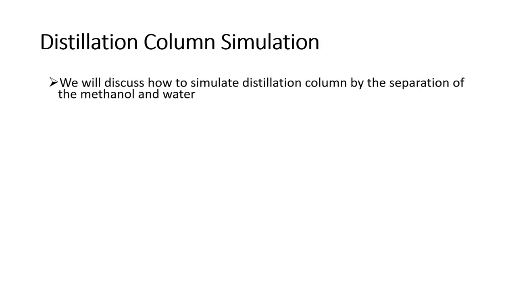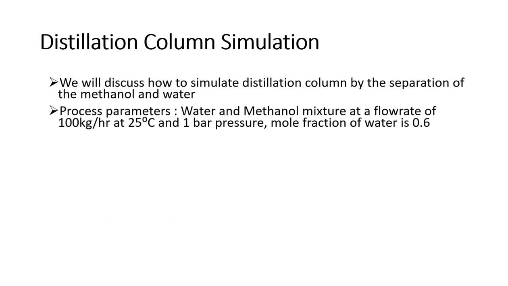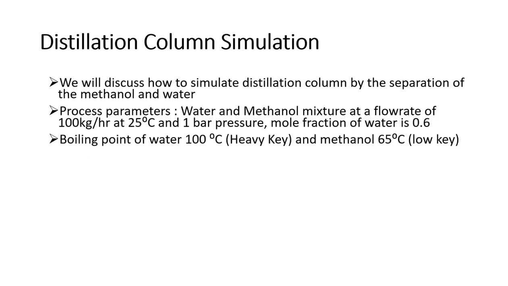For this simulation, we are going to use a methanol and water mixture, at a flow rate of 100 kg per hour at 25 degrees centigrade and 1 bar pressure, where the mole fraction of water in the feed is 0.6, and the boiling point of water is 100 degrees centigrade and methanol is 65 degrees centigrade.